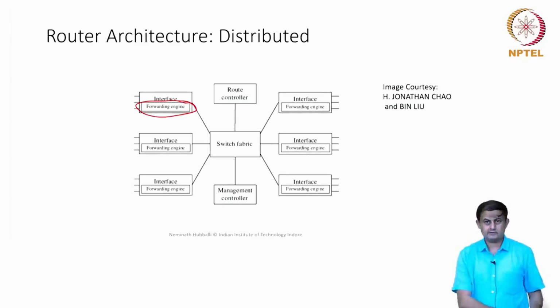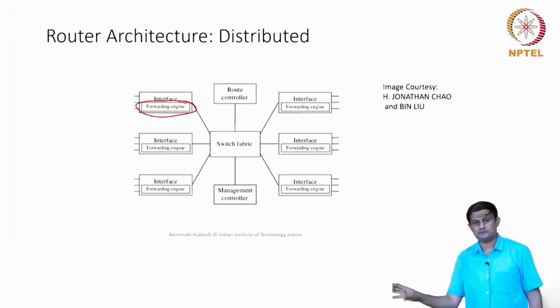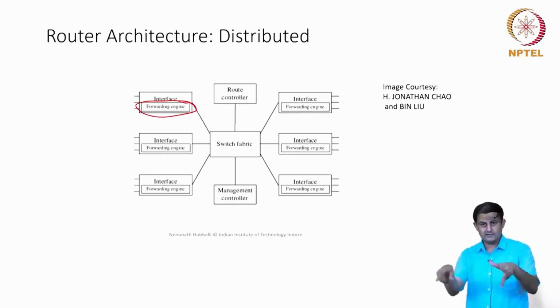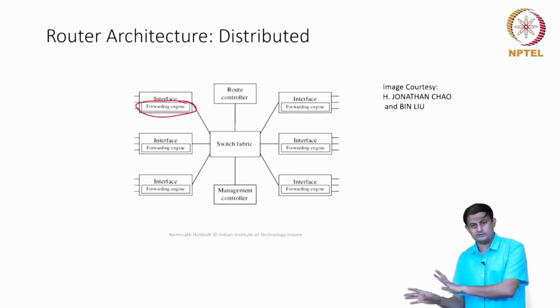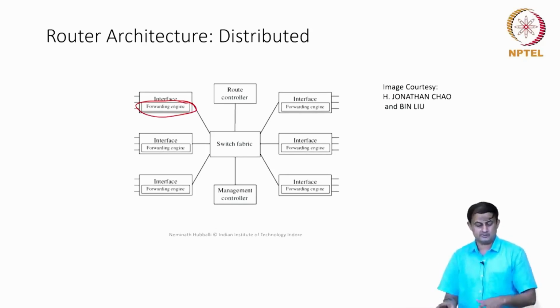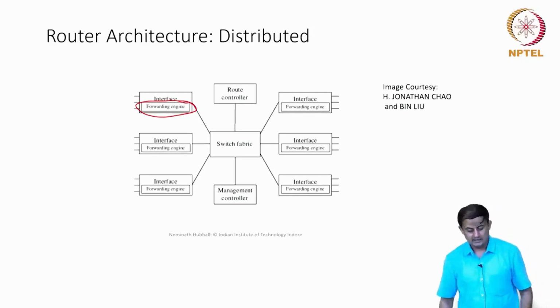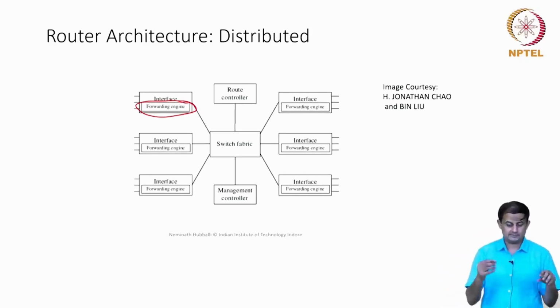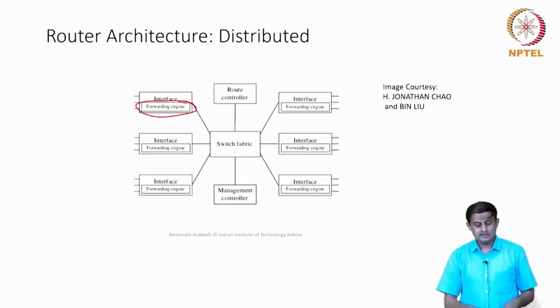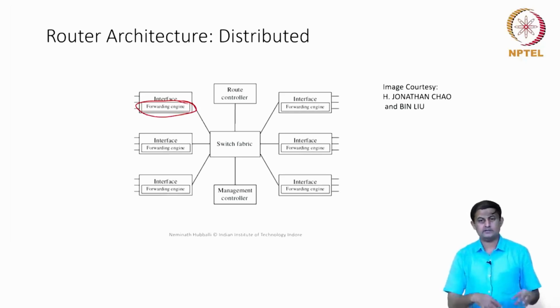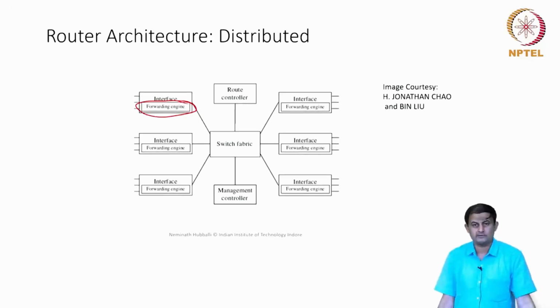In the previous case, there were only a handful of instances, and everyone was sharing those instances' routing table and making the forwarding decisions. Unlike that, here I have an independent routing table sitting in each interface, and it is consulted every time a packet is received on that interface.